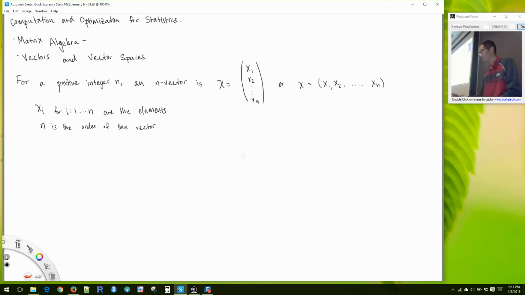If we're talking about n equals 2, like two-dimensional space, then you just have the Cartesian coordinate plane system.